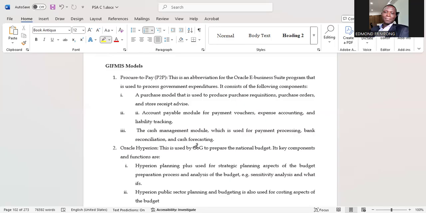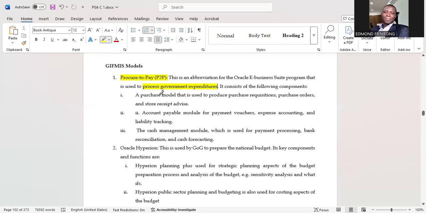The first model we are going to look at is the procure to pay, P2P. So this is basically a payment platform. The procure to pay is an abbreviation for the Oracle e-business suite program that is used to process government expenditure.